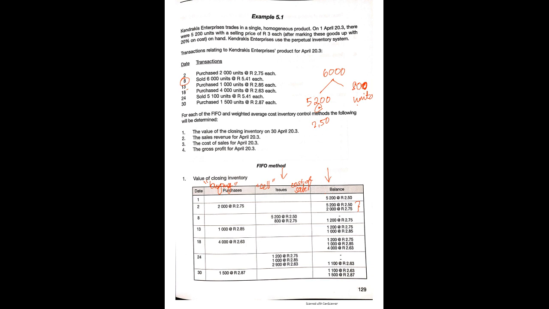So now if we use the entire 5,200 at 2 Rand 50, we now need to remove the 800 from what was left. So from the 2,000, we now need to remove 800 units, and the 800 units is costed at 2 Rand 75.